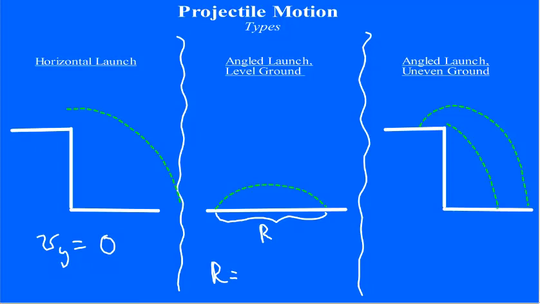All right. One more thing I'll mention about angled launch, both with level ground and uneven ground, is that since you have an initial x and y velocity, for example, I can draw it here. Let's see, it looks like that, okay? Maybe we'll do that green arrow. No, white arrow's good.